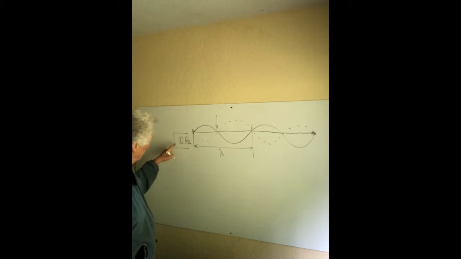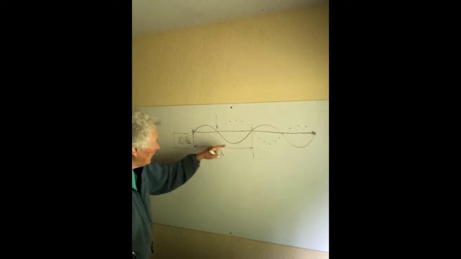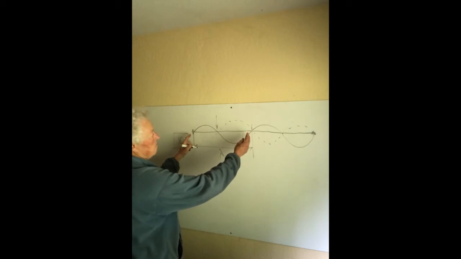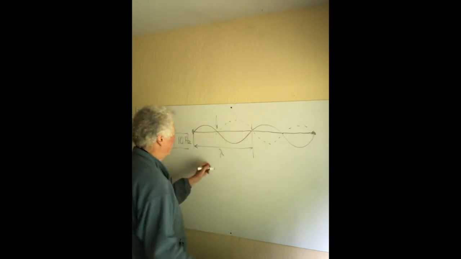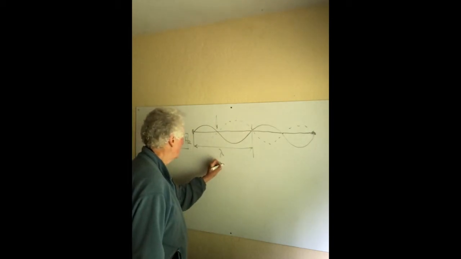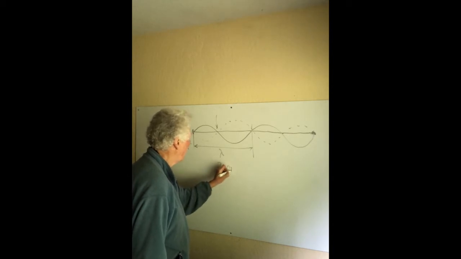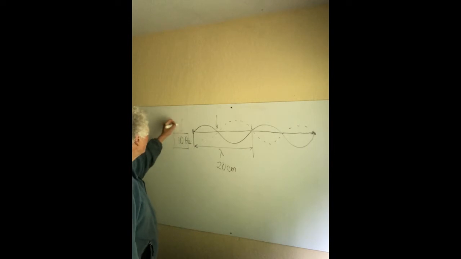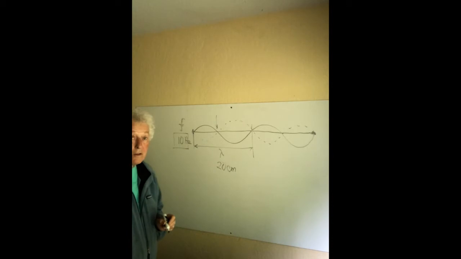And the wavelength that you now measure, let's just say this is 20 centimeters. Now we have the frequency, which we use the letter F. The frequency is 10 hertz, and the wavelength is 20 centimeters.